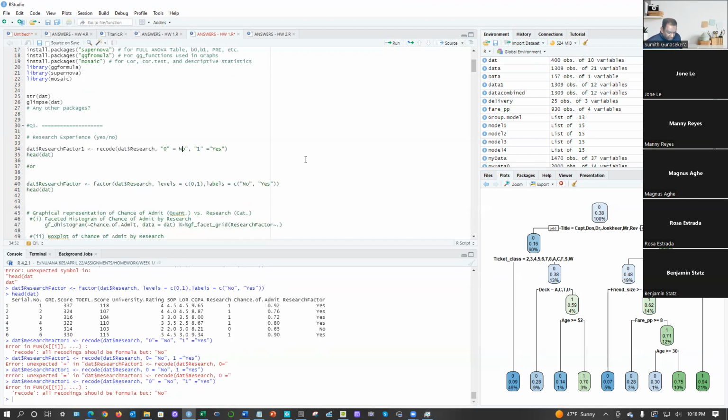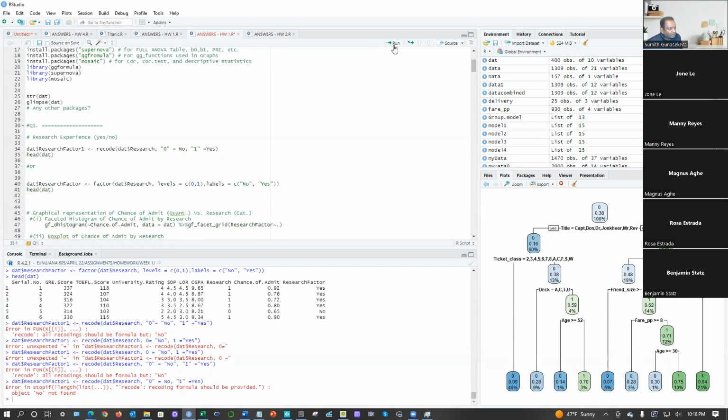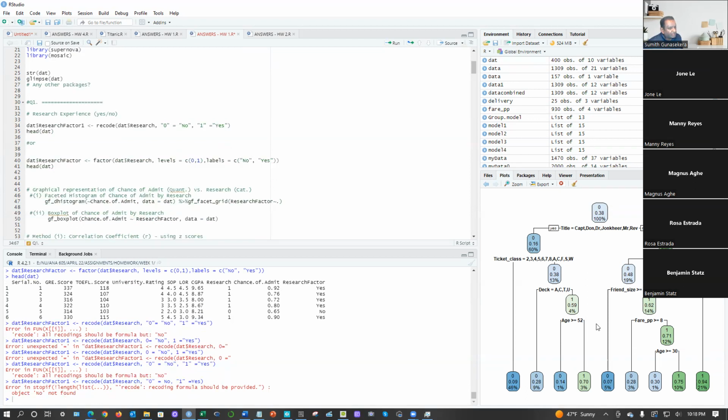No, we cannot, because these are strings. Sometimes it doesn't work. Yeah, I had a serious issue with this when I was running it too.